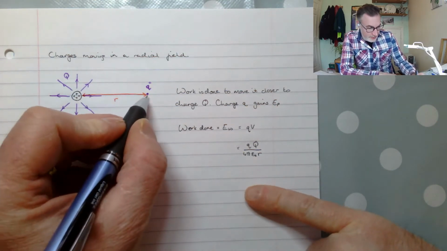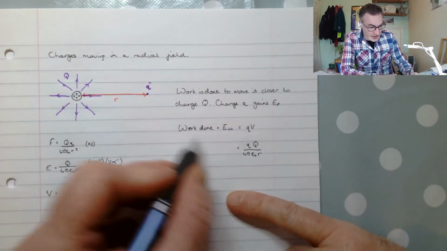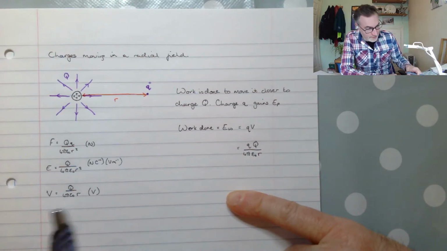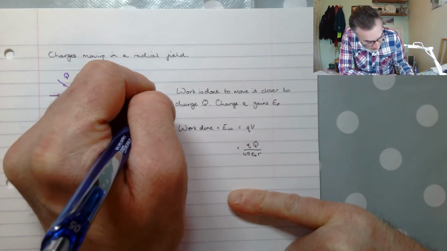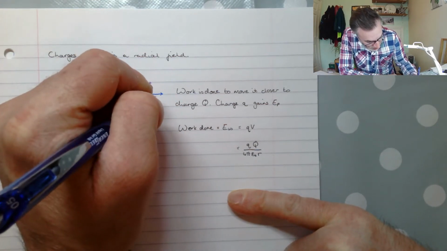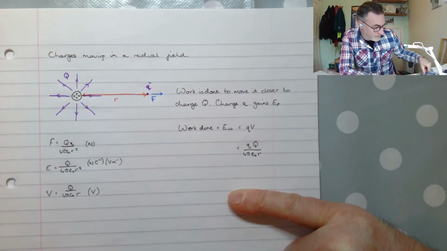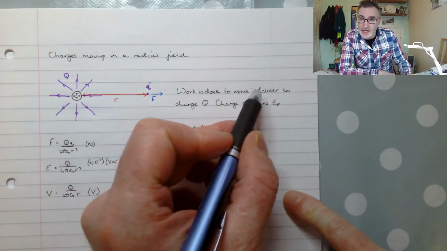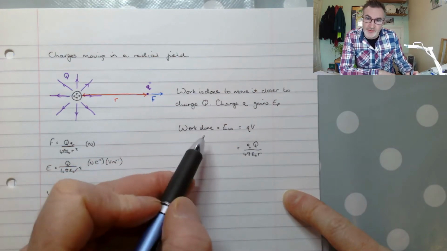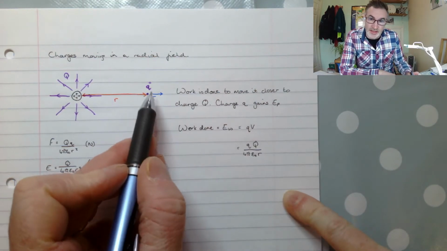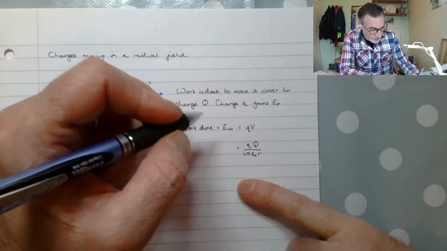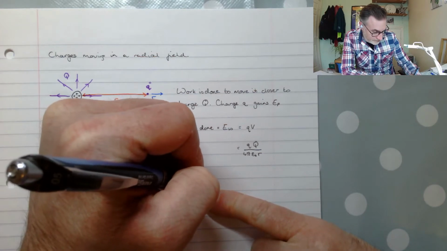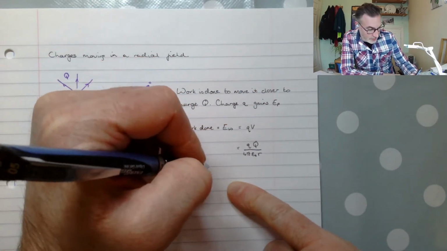now, if we take this charge and if we were to release this charge, then it's going to start to accelerate. It's going to be experiencing a force. So we'll release it. There'll be a force. There'll be an acceleration. And there'll be an increase in kinetic energy. So the maximum amount of kinetic energy that it could gain would be equivalent to the amount of work that you did to bring it to that point. And so we can see EK max is equal to work done.